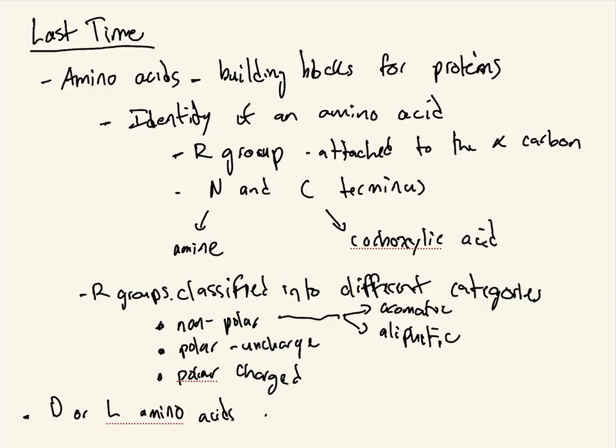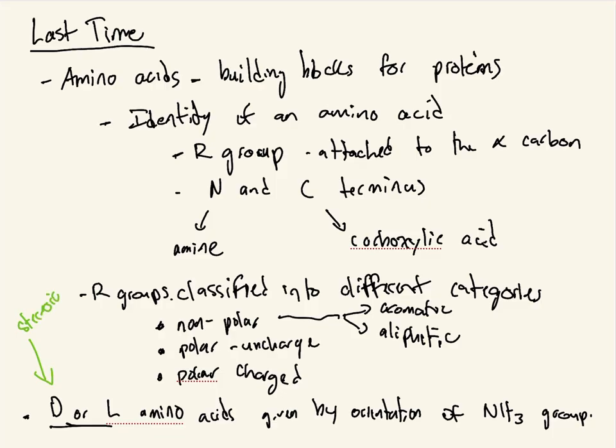So this is given by the orientation of the NH3 group. And so this was under the general term for, bless you, stereoisomers, specifically enantiomers, because they're chiral centers of each other, right? So these are chiral mirror images of each other.